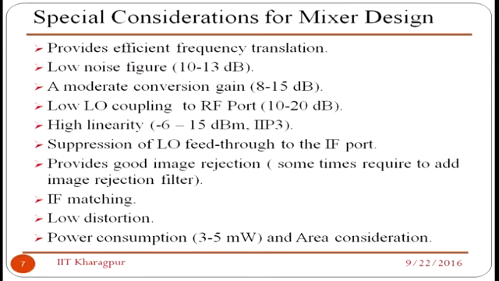But you cannot ensure that omega LO might not also appear in your IF. That is called LO feedthrough. The local oscillator frequency will feed through to the IF. That means 2.4 GHz for your application will appear at your IF, where you are expecting to get, say, 100 megahertz. So that is one problem.